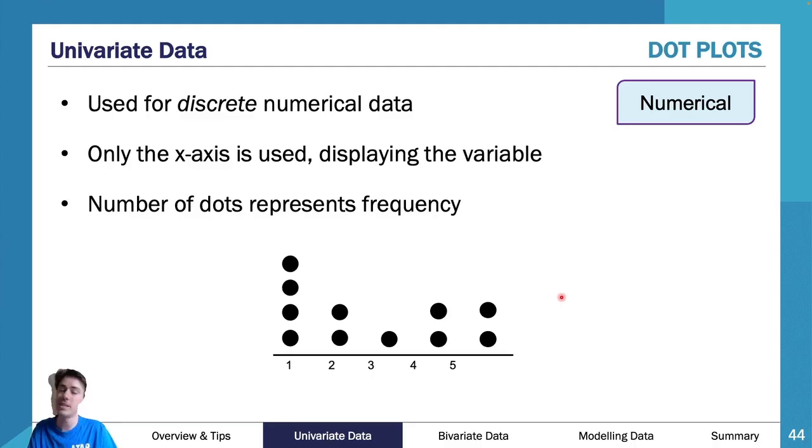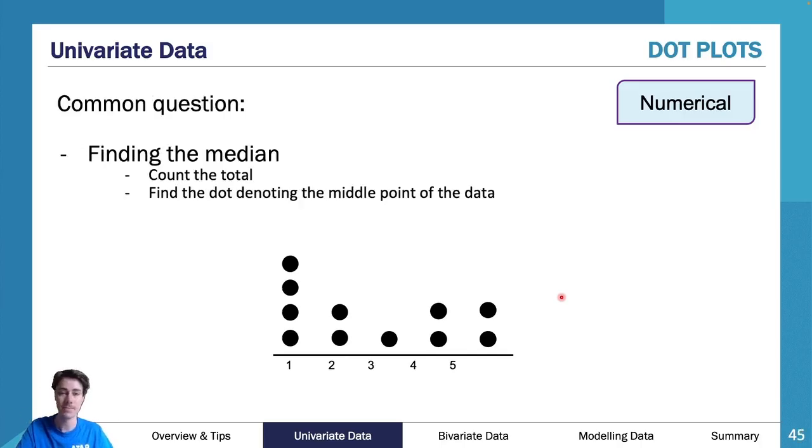But as you can see here, we have 4 on 1, we have 2 on 2, we have 1 on 3, etc. So what we're looking at with the dot plot is how many pieces of information are at each value. We can then find a mean, a median, or a mode, etc. This would really be used for numerical discrete rather than numerical continuous. Numerical continuous is probably not all that useful on this one.